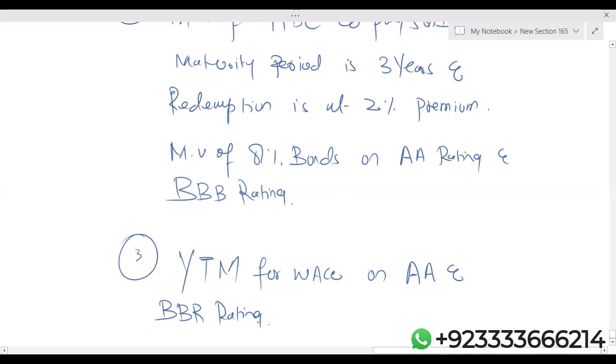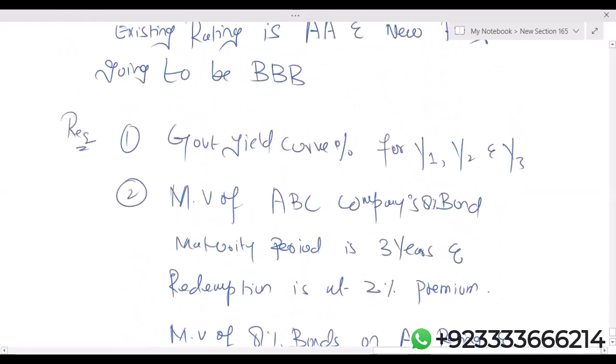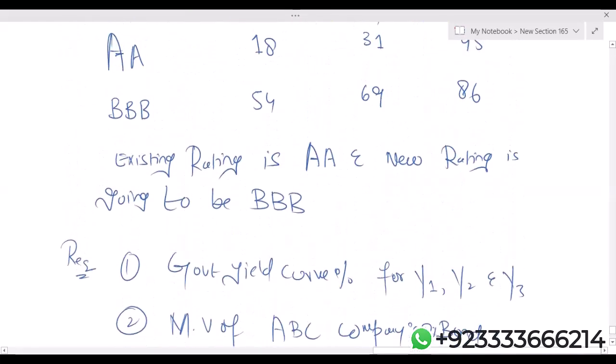So these are the requirements. First, we have to calculate government yield curve rates for the first year. Simply, what is the government offering on bond 1, 2, and 3? But we have to calculate the yield curve.